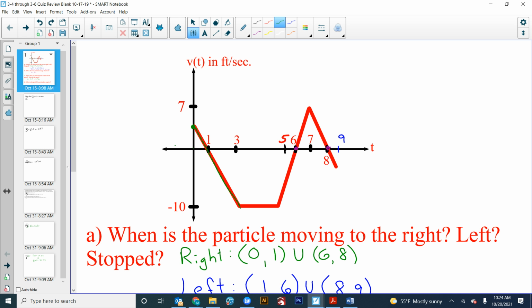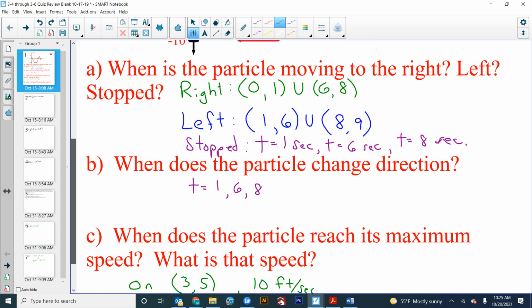Negative slope, negative acceleration, because the slope of velocity is acceleration. 0 slope here, positive slope here, negative slope from 7 all the way to 9. Be careful, some people want to stop at 8, but the slope of that segment is negative all the way from 7 to 9. So 0 to 3, 7 to 9.